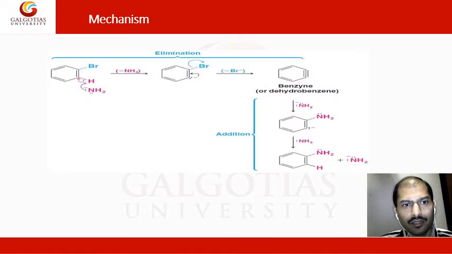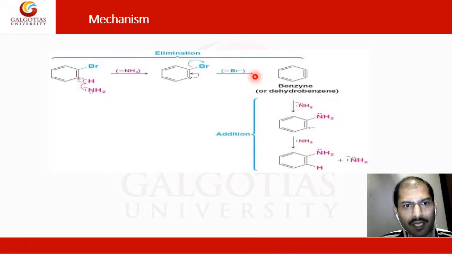Now we have to see how the overall reaction takes place. We can take another example, bromobenzene. When it reacts under specific conditions with ammonia, it goes through a benzyne intermediate, or dehydrobenzene.